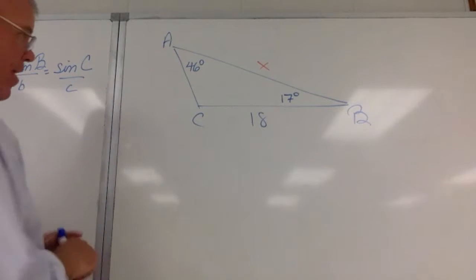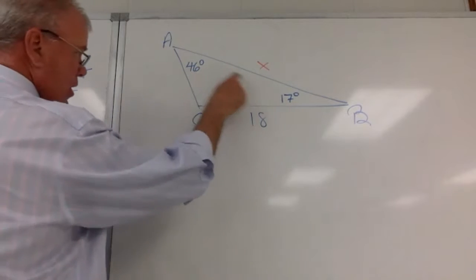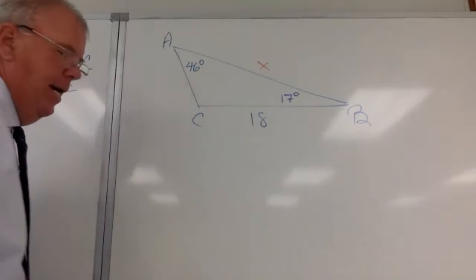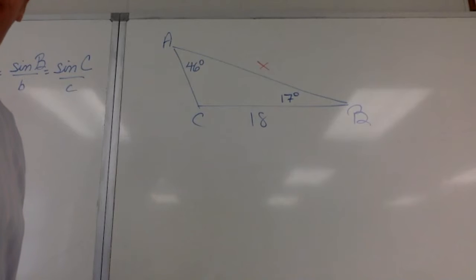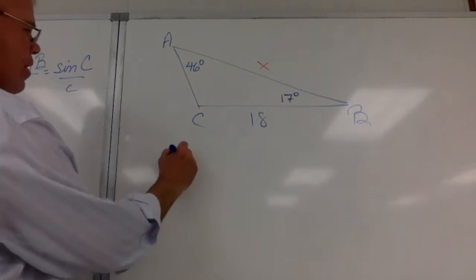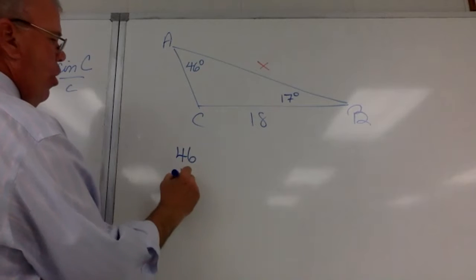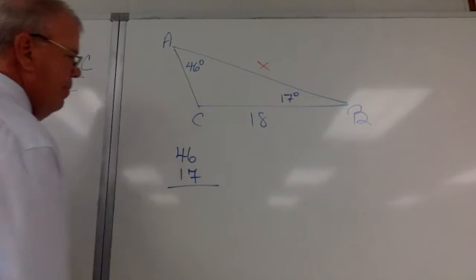So look what I have. Hey, fellas, anytime you know 2 angles of a triangle, don't you know the third? Yeah, why? Because all the angles of a triangle have to add up to 180.